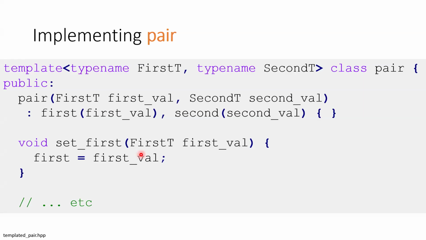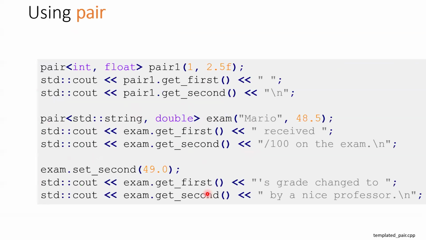So the actual implementation will look like this. For the constructor, we're assigning first value to first, second value to second. For the setters, we're doing all of the implementations in here, and so on. Then to use it, we can use the constructor of the pair. So in this case, we need to specify the two types when we're constructing the pair.